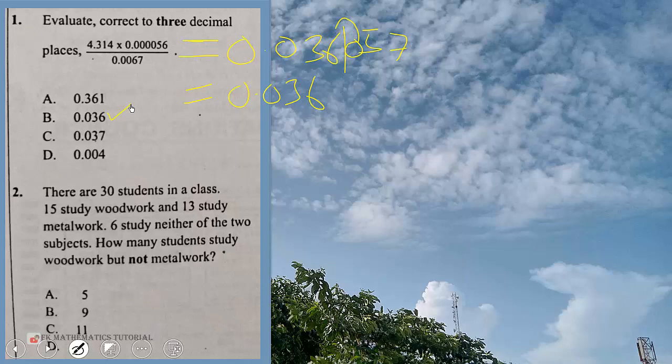There are 30 students in a class. 15 study woodwork and 13 study metalwork. 6 study neither of the two subjects. How many students study woodwork but not metalwork? So we illustrate this on a Venn diagram.